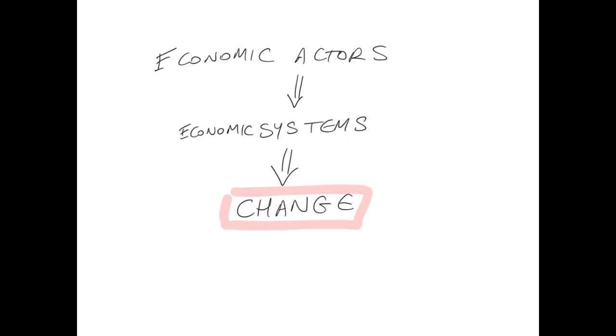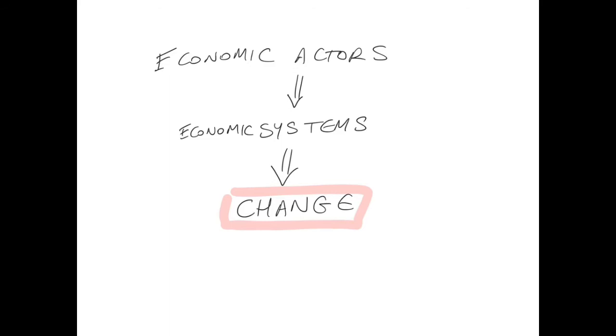So remember, in the previous slide, I mentioned economic actors. When we say economic actors, we're talking about consumers, producers that interact in markets. We're talking about the government. We're talking about workers. We're talking about foreign nations and how nations interact with each other within the economic sphere. Now, economic actors often interact within economic systems, right?